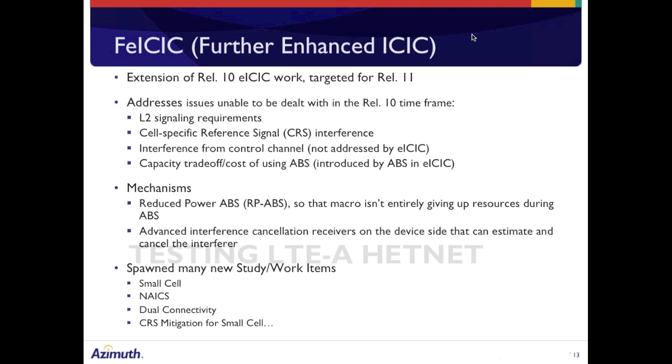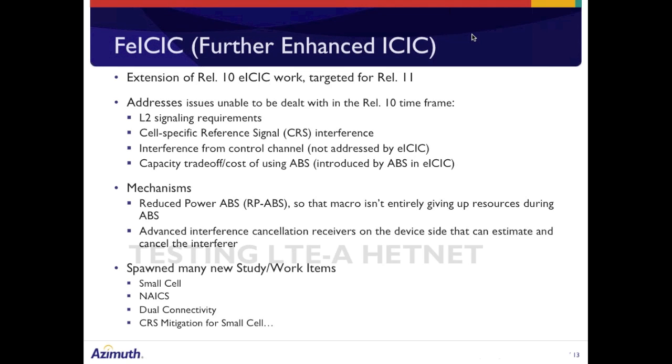And since the standard in many ways simply provides a bunch of mechanisms, the ABS and the cell range expansion or the cell handoff bias, selection bias being a mechanism, both being mechanisms, and synchronization is another mechanism.